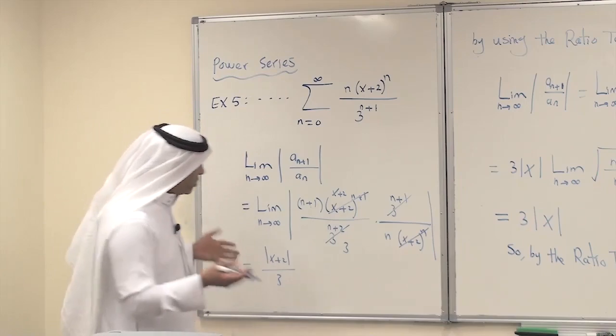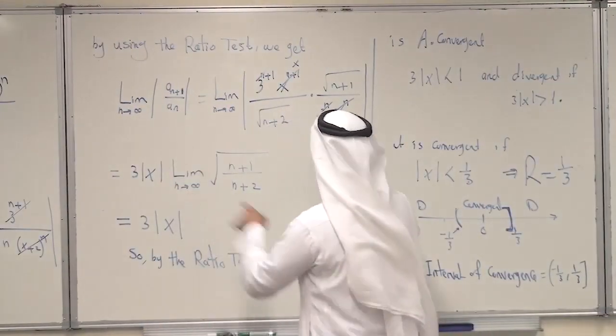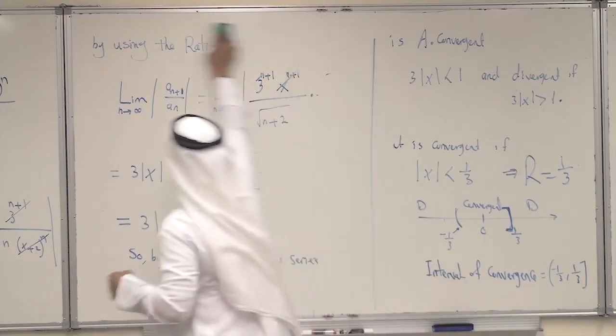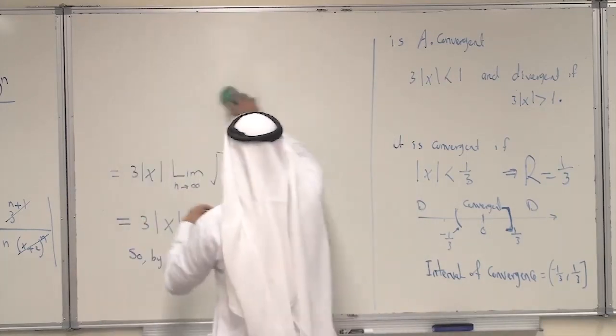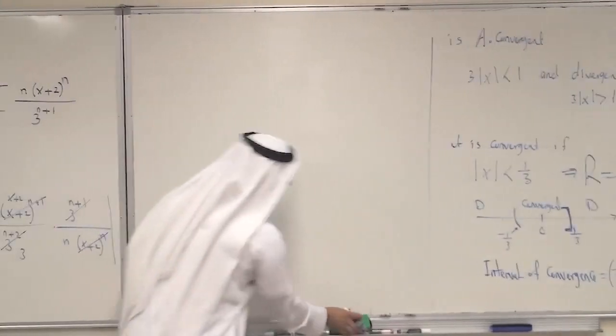Now, according to the ratio test, this series is absolutely convergent if this limit is less than 1. So let us study the case where this limit is less than 1. Then we have convergence. And if it is greater than 1, for sure it will be divergence.